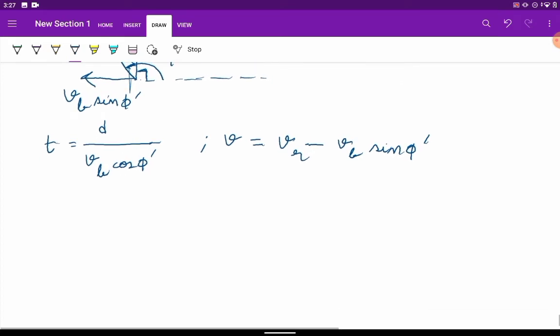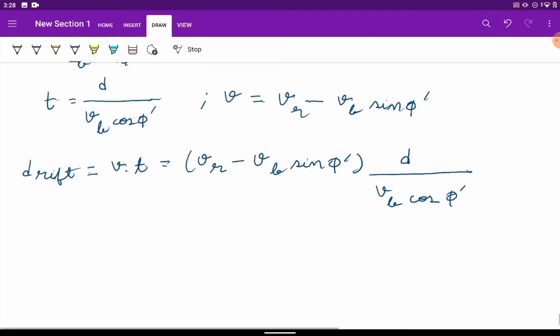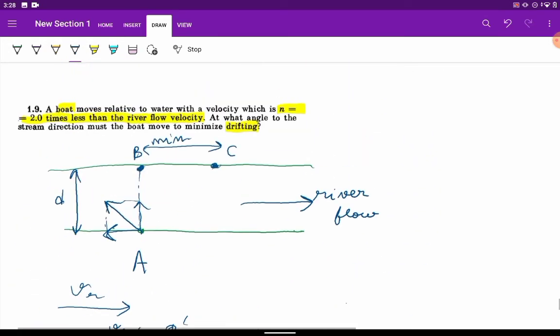So now the drift, basically V into T, which is nothing but VR minus VB sin phi dash multiplied by D by VB cos phi dash.